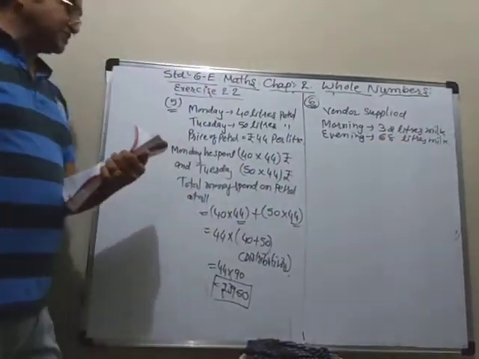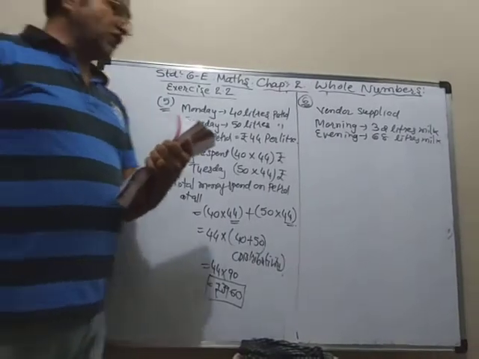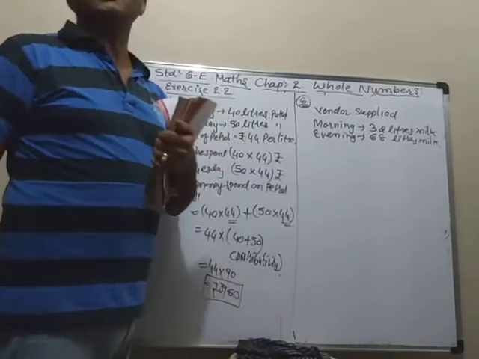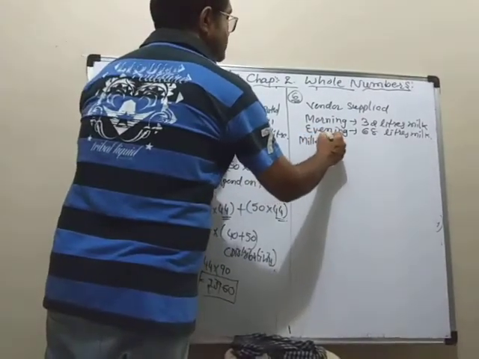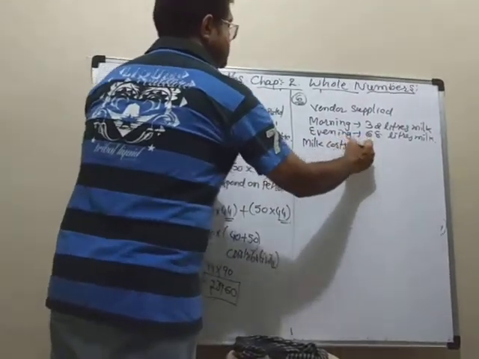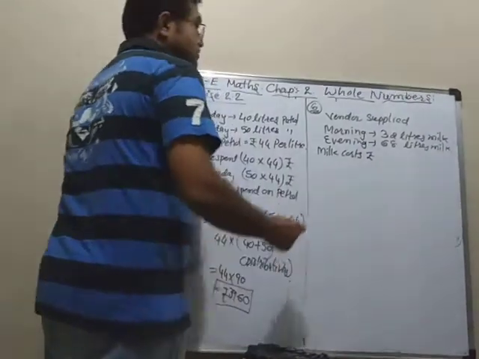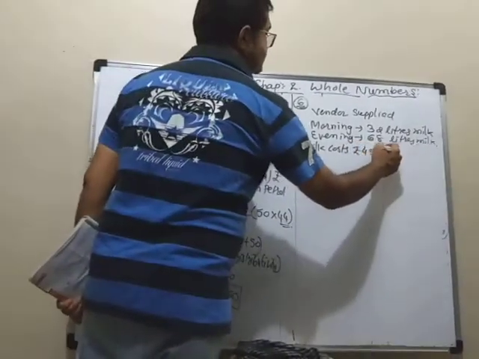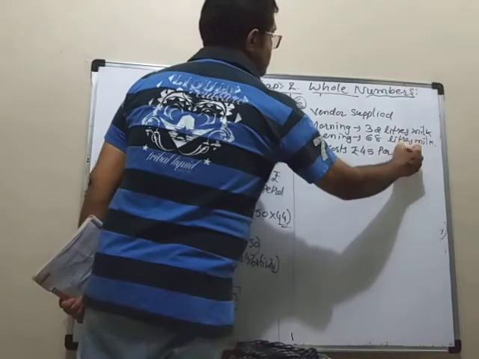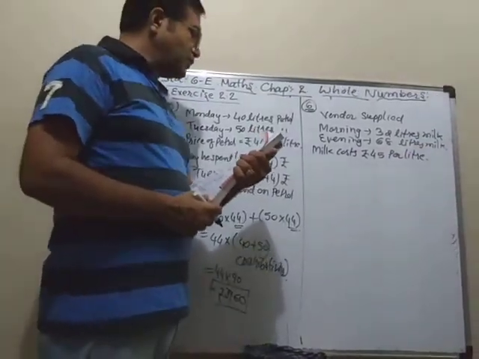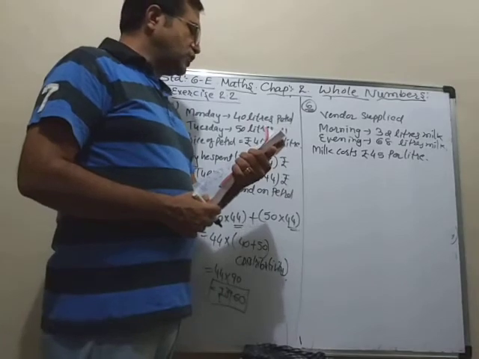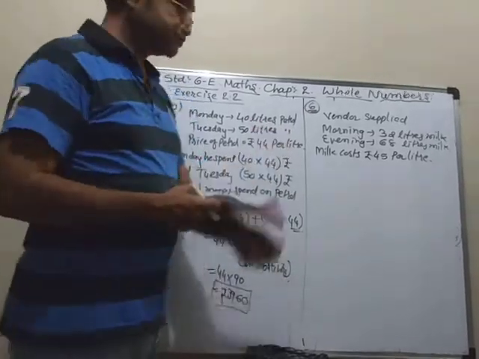Now, what is the price? The milk costs rupees 45 per liter. So we have to check how much money is due to the vendor per day.